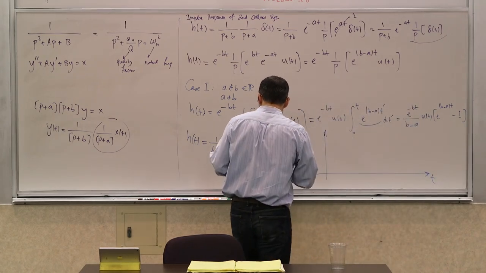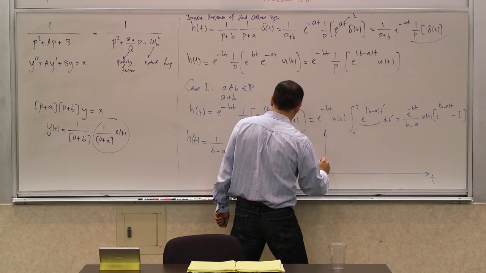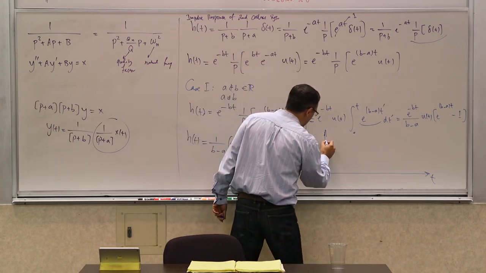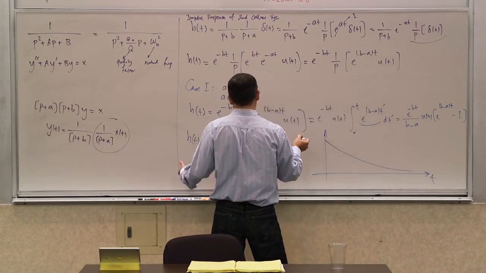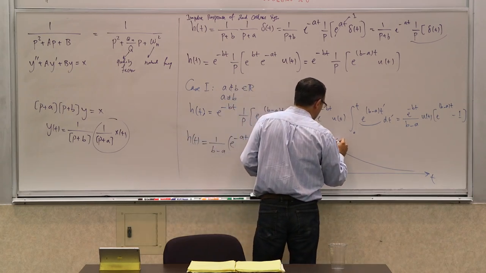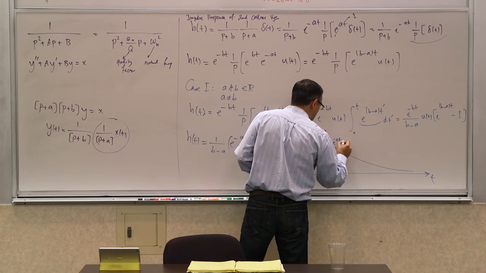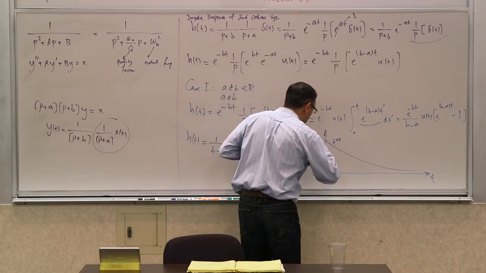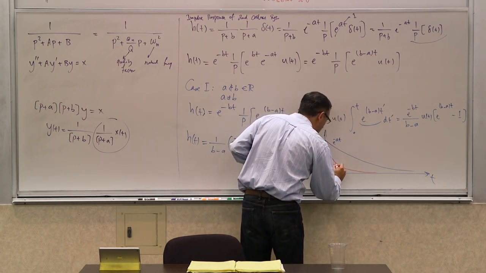I have these two. I have an e to the negative at, right? So these are decaying exponentials times u of t. Let's assume one of the time constants is greater than the other one. So it's like e to the negative at, and there's now e to the negative bt, which let's say has a faster time constant.